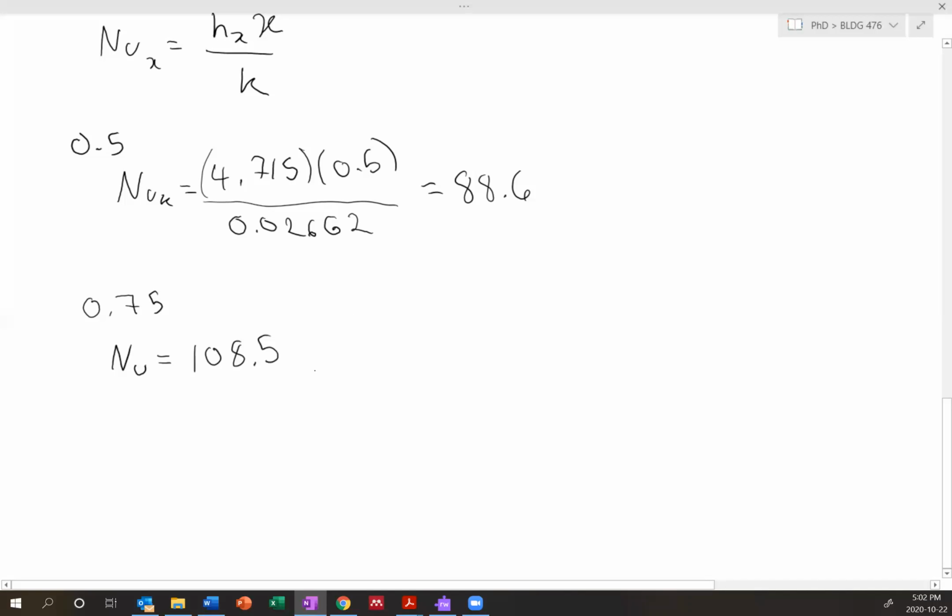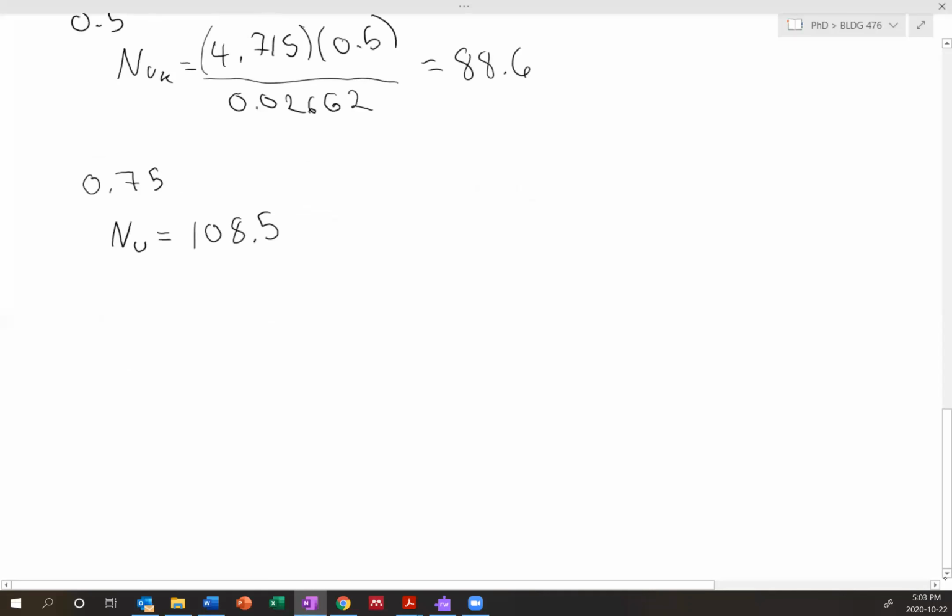And the last thing to just know is that often this is in the discussion part of this question. So in this case, we were only asked to find h at a specific x. And again, h changes over x. And so sometimes we'll be asked for the average convection coefficient.